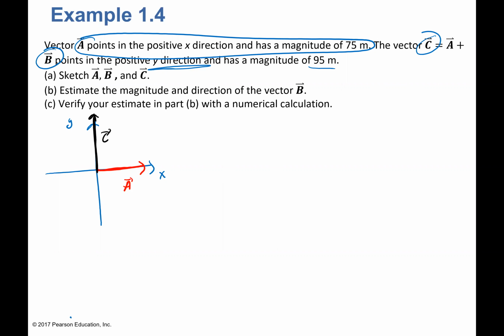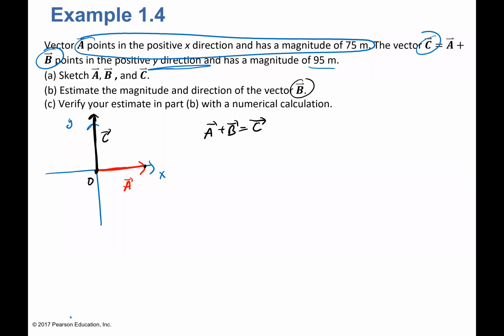Now the question here is, where is the vector B? When I add A plus B, I'm getting this vector C. It's not very difficult to figure out, because if I use the tip to tail method, I know that the tail of the resultant vector C always starts from point 0, the starting point.